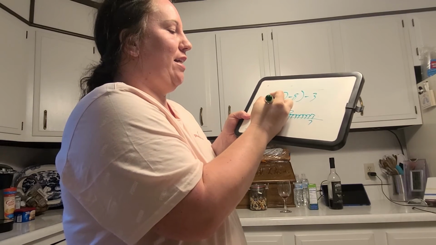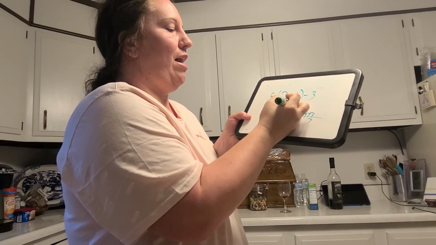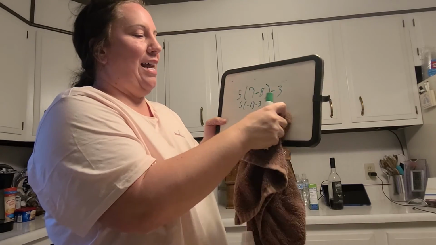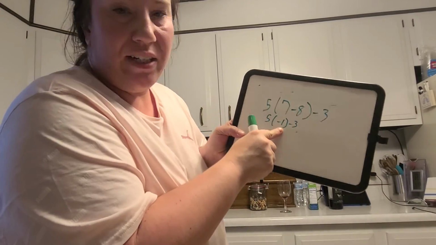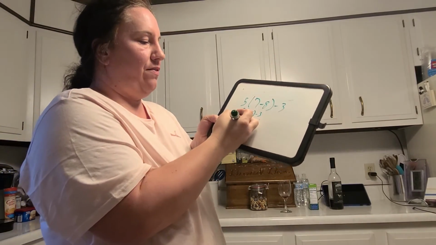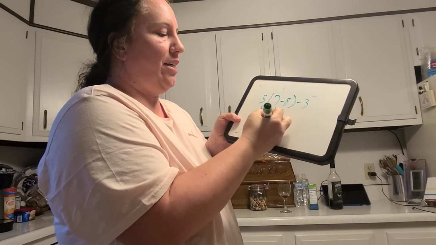So the answer is 5 times negative 1 minus 3. Now we just go from left to right because everything in the parenthesis is solved. 5 times the negative 1 is a negative 5, and then we have minus 3.